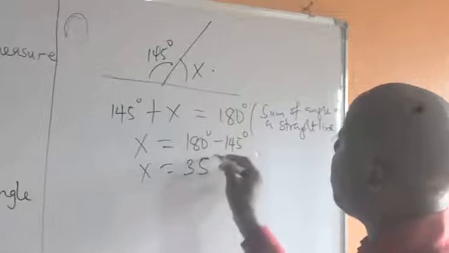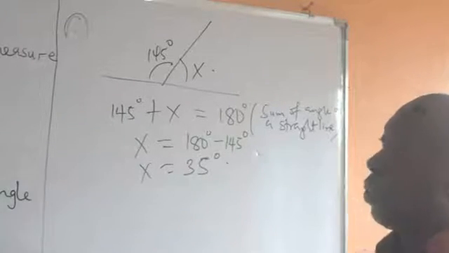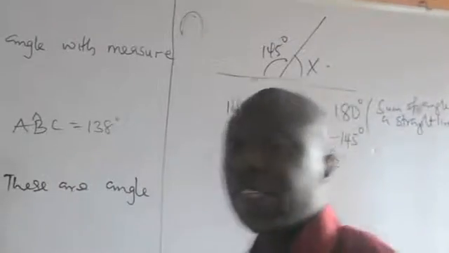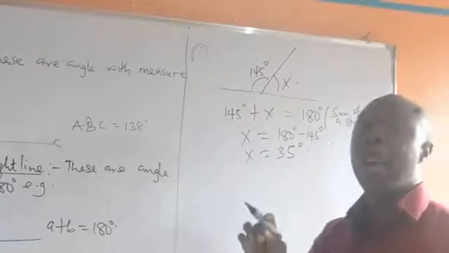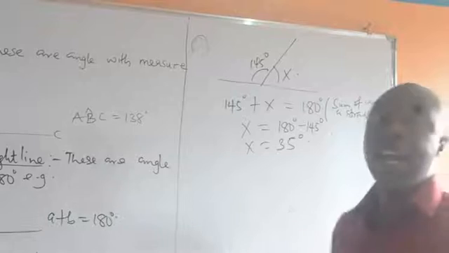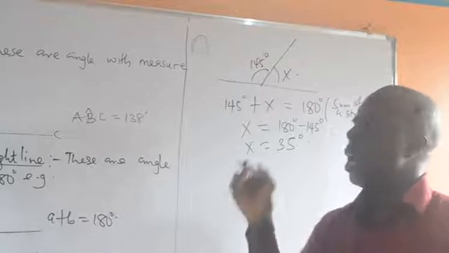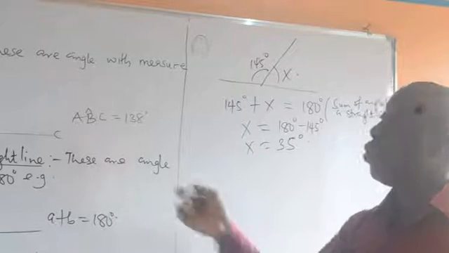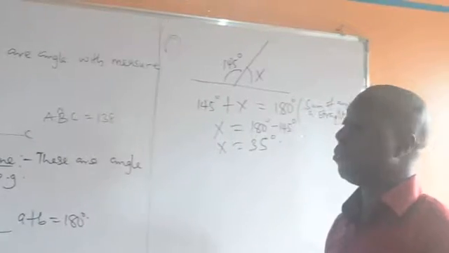X is equal to 35 degrees. So when you see this type of question, angle on a straight line, you add up all the angles and equate it to 180 degrees, because angles on a straight line add up to 180 degrees.